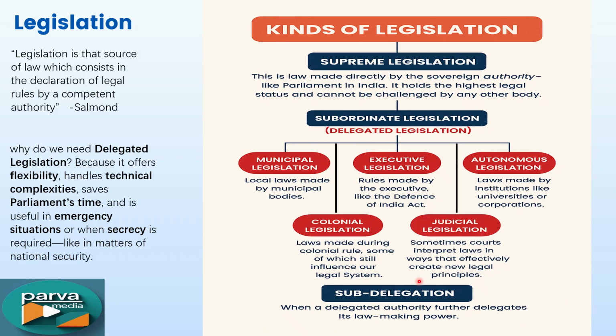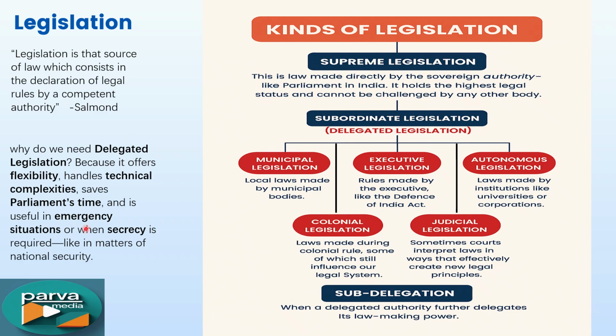Then the question comes, why do we need delegated legislation? Why can't Parliament or a supreme legislation make all the law? Because it offers flexibility, handles technical complexities involved in the lawmaking process, saves Parliament time, and is useful in emergency situations or when secrecy is required, like in matters of national security.